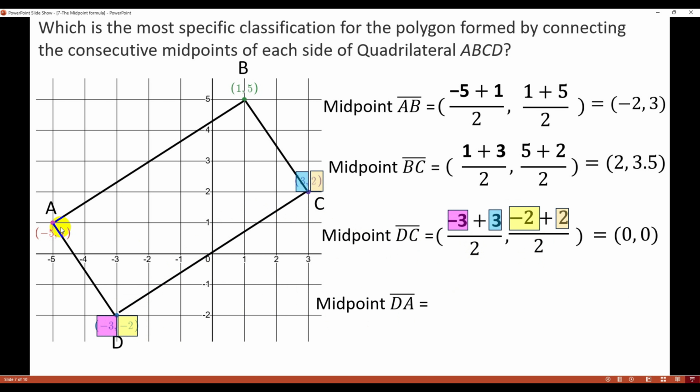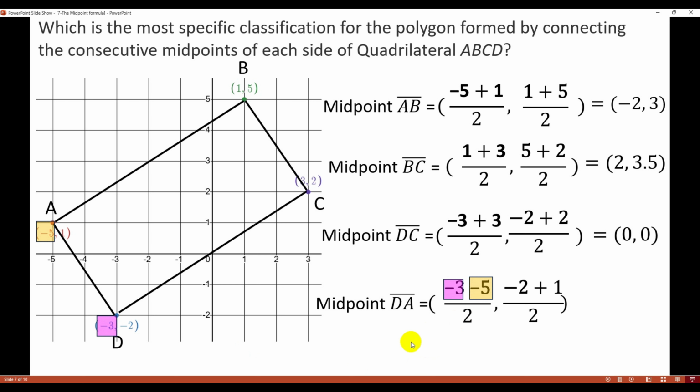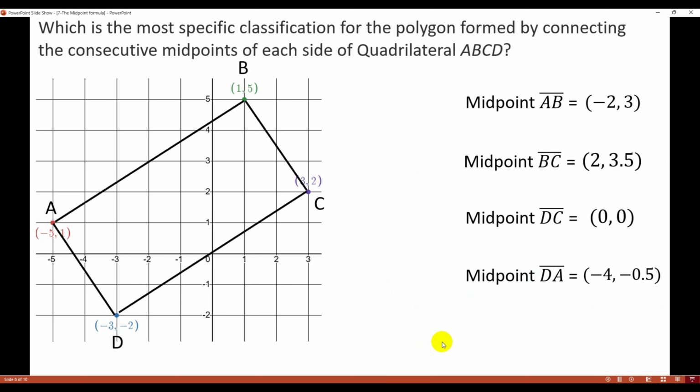And for the midpoint of DA, negative 3 plus negative 5, which is negative 3 minus 5, divided by 2, and negative 2 plus 1 divided by 2, which is negative 4, negative 0.5. Okay? So I used the midpoint formula 4 times, and I found all 4 midpoints that I needed.